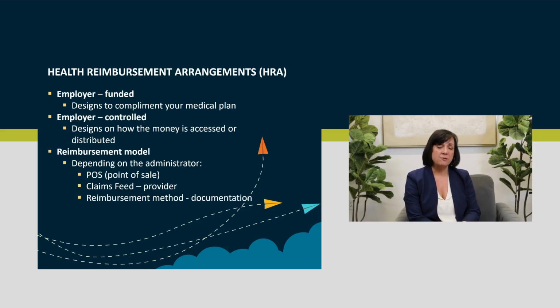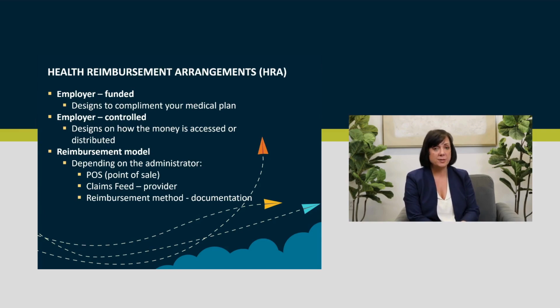There are a lot of vendors out there that they can utilize that use a card. So you would have access to a Visa or a MasterCard that you could swipe for either first dollars or back end dollars to help pay for those expenses, either upfront or on the back end. Sometimes that reimbursement model, depending on the administrator, could be a card that you use, so it would be at point of sale.